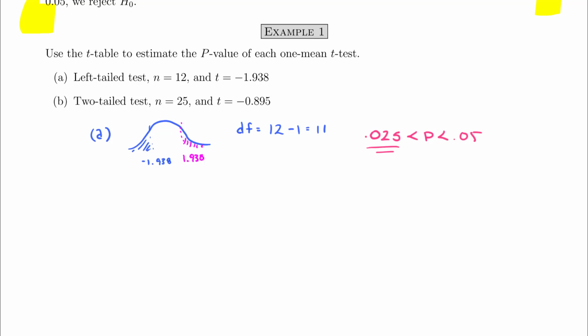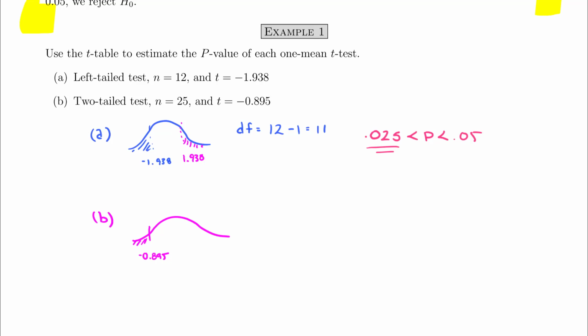For part B, we're talking about a two-tailed test where n is equal to 25 and our t statistic is negative 0.895. So this is a two-tailed test, so that means we're looking at what lies to the left of negative 0.895.